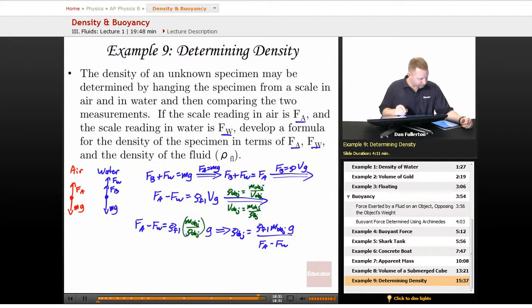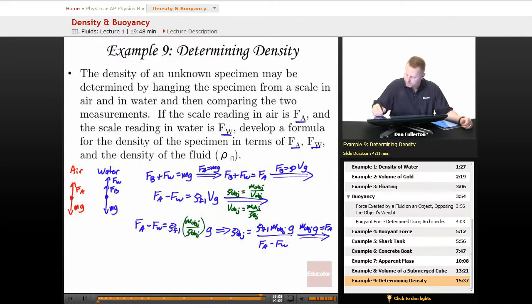And finally, one more step, that FA, we can change that a little bit. We can rearrange things. So let's then say that the mass of the object times g, that's just its weight in air, FA.